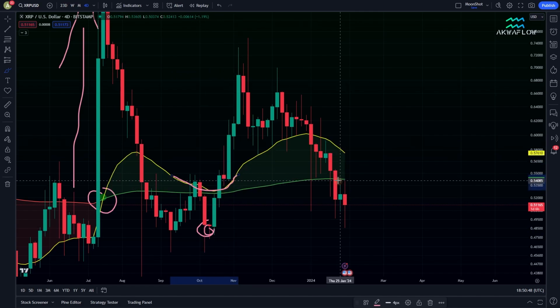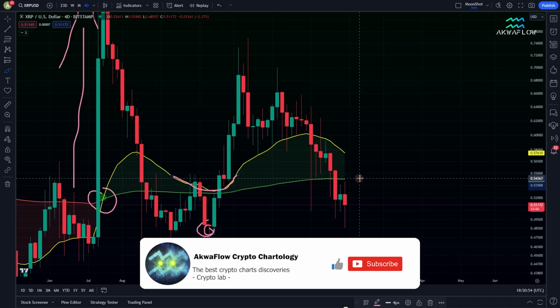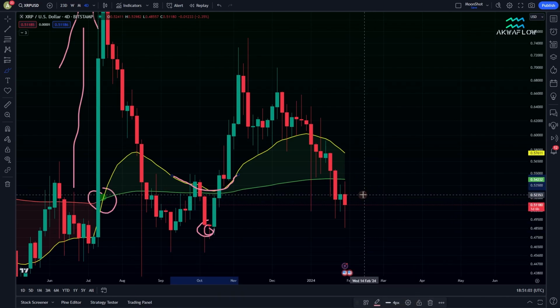Right now, if we keep on going down, the yellow line will cross the green line and we don't want this. So if the bulls want to defend XRP, XRP has no choice but to go up in the coming weeks. So this is very important.